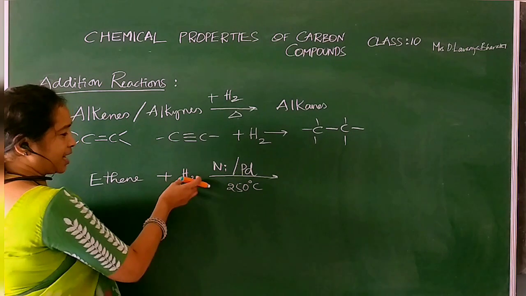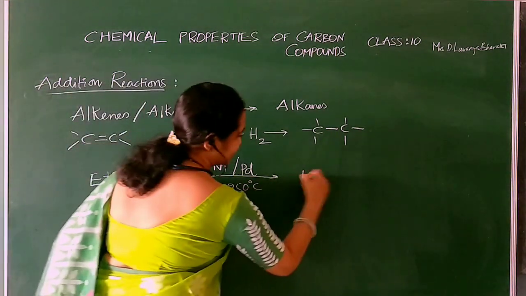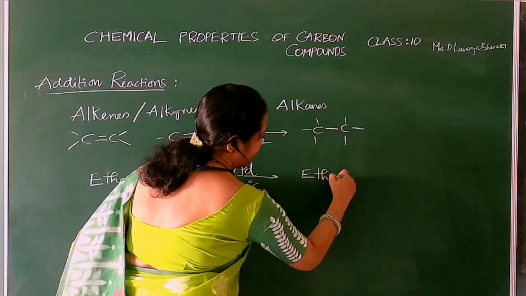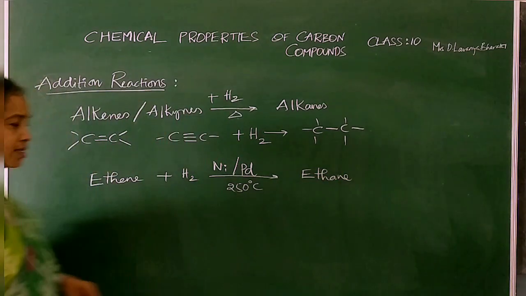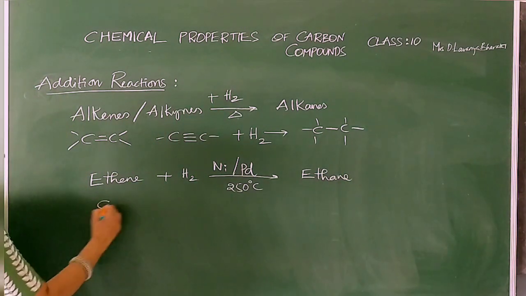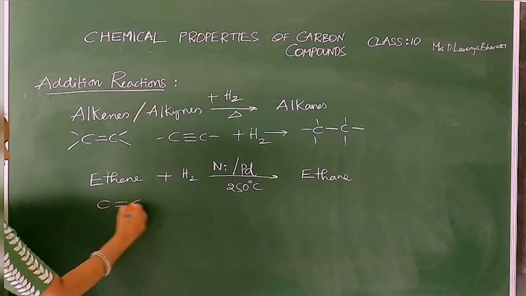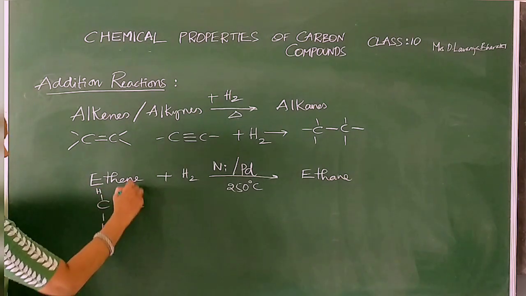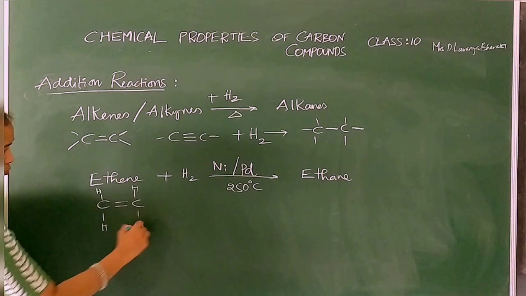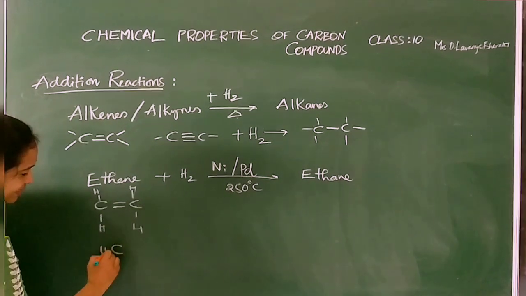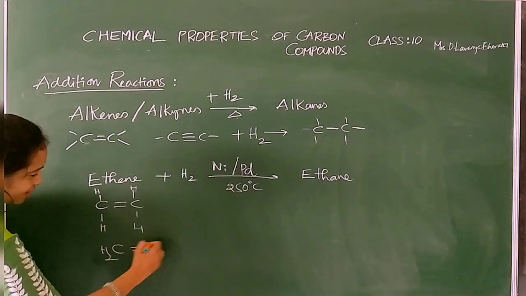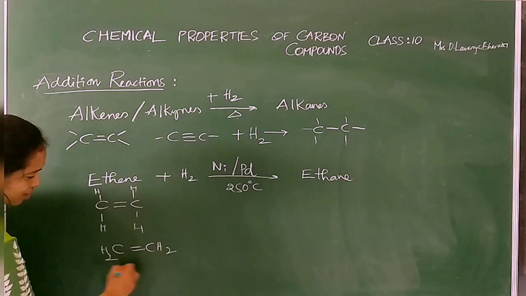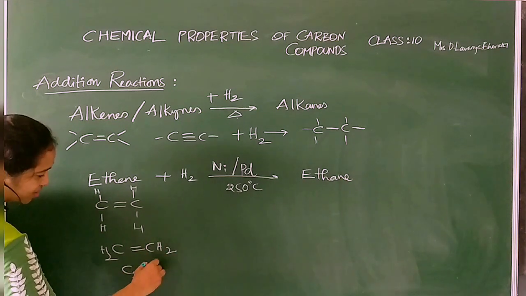So what is happening? Hydrogen gas is added to ethene such that ethane is obtained. Here the formula you can write as C double bond C with two hydrogens on each carbon. We also call this CH2 double bond CH2, or we can write it as C2H4.